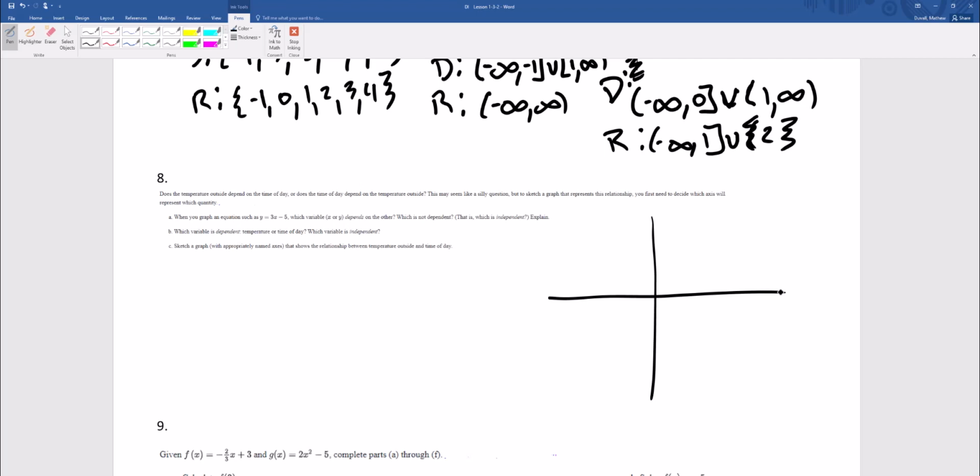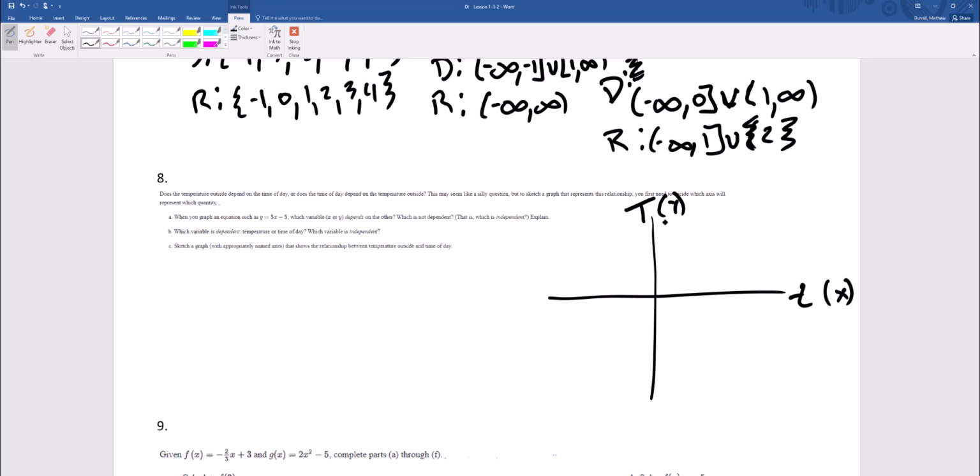So the time of day, so time is going to be here. That's the x-axis. And then the temperature, that's going to be the y-axis. And so when you graph an equation such as y equals 3x minus 5, which variable, x or y, depends on the other, which is not dependent?